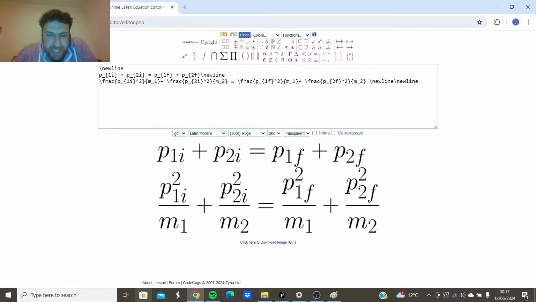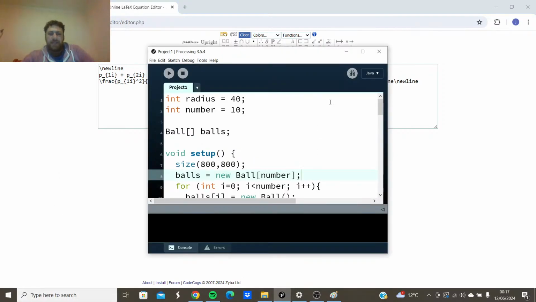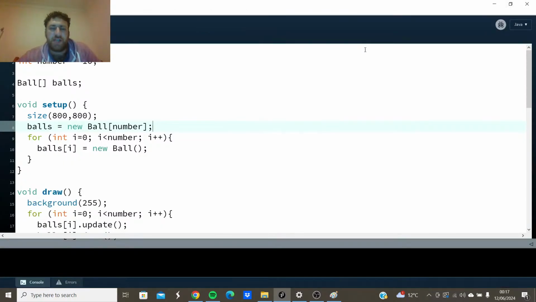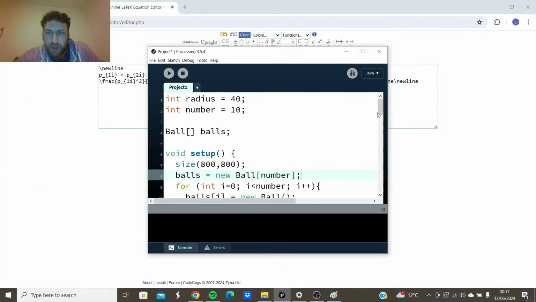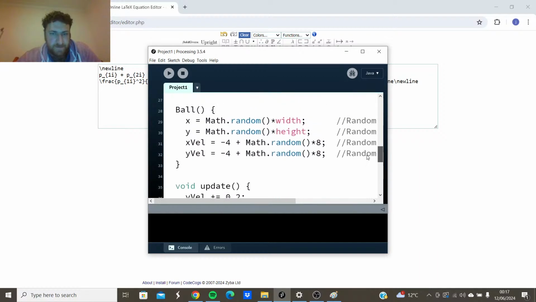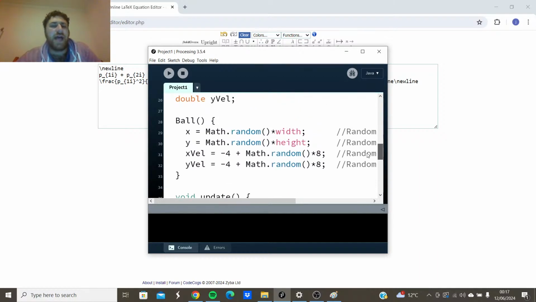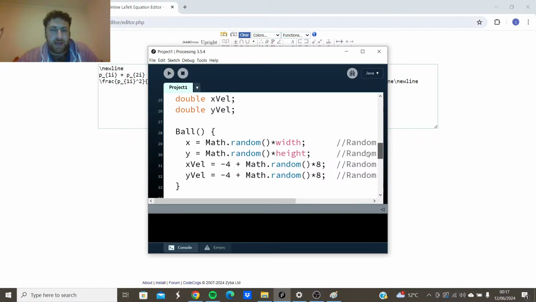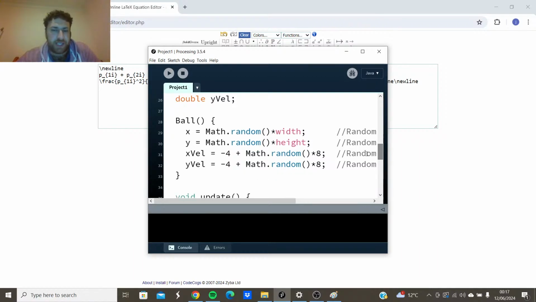And in order to get that working, we need to first change our code so that instead of assigning our ball a random width and height initially in the constructor, we are going to give ourselves some variables that we can play with.